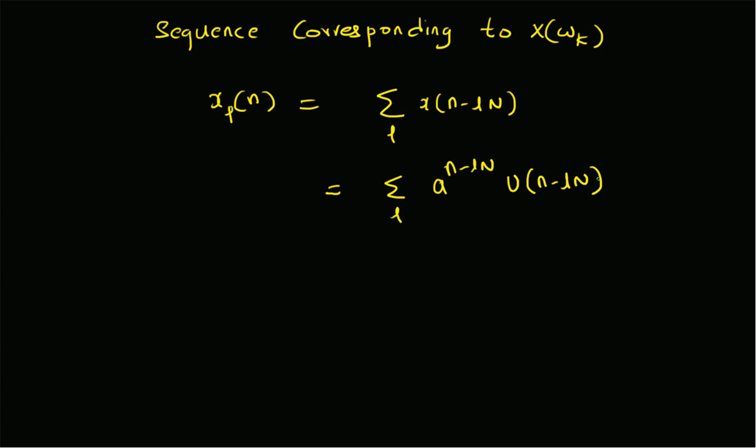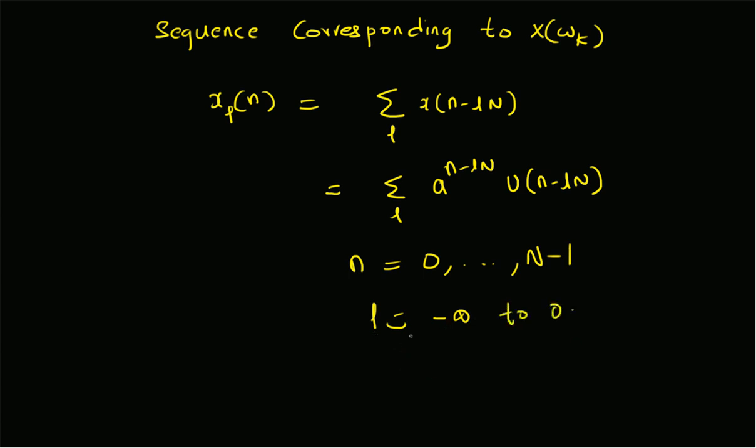So we apply that in this folding or this definition of xp of n. And since xp of n is a periodic sequence, the only unique values of xp of n are in the interval from 0 to N minus 1, and outside this interval are all basically repetitions of the values in this interval. So we only need to consider the values from 0 to N minus 1, and this term u of n minus L N is non-zero only when n is greater than or equal to L N. So L has to be from minus infinity to 0.